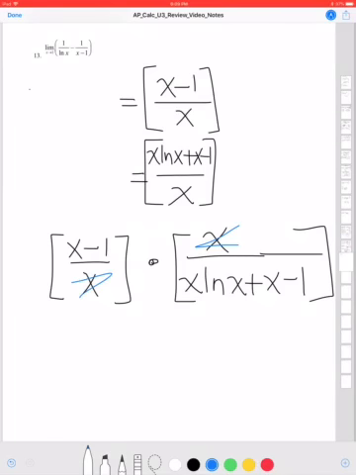Alright, this is looking good for me because I've got x's that cancel out. That usually means that we're headed in the right direction and we should be able to plug in our limit.